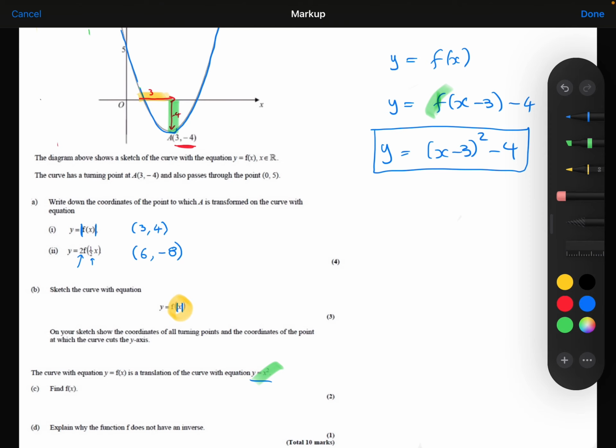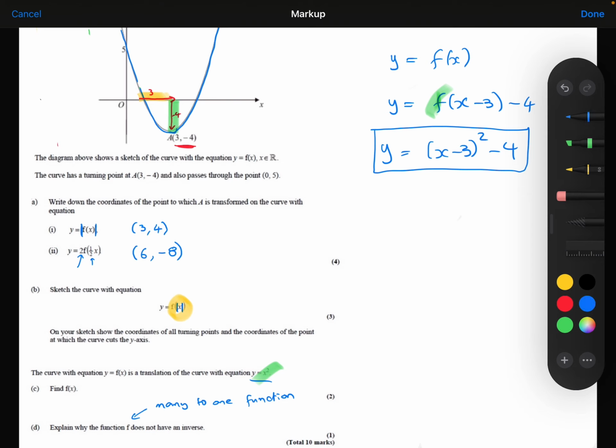And then finally, part D, explain why the function f does not have an inverse. Well, f is a many-to-one function. Let me just remind you what I mean by that.